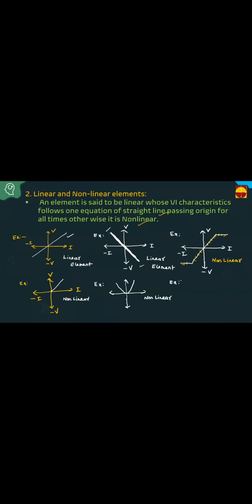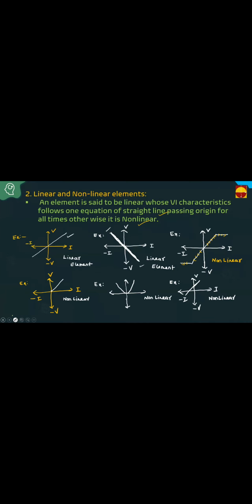If the example is given like this, this is V, this is minus V, this is I, this is minus I. Can anybody tell, is it linear or non-linear? It is also non-linear, not passing through the origin. One more example.